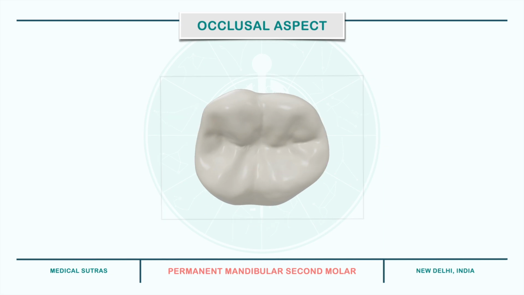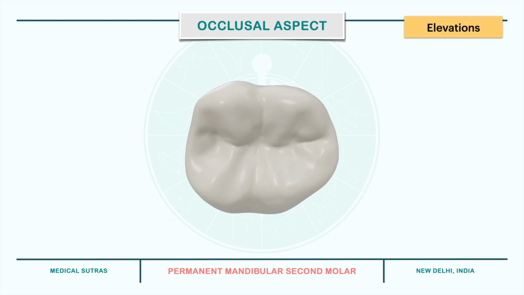Now moving on to the elevations seen on the occlusal surface. Mandibular second molars have four cusps, that is mesiobuccal cusp, distobuccal cusp, mesiolingual cusp and distolingual cusp. There is no distal cusp as found in mandibular first molar.